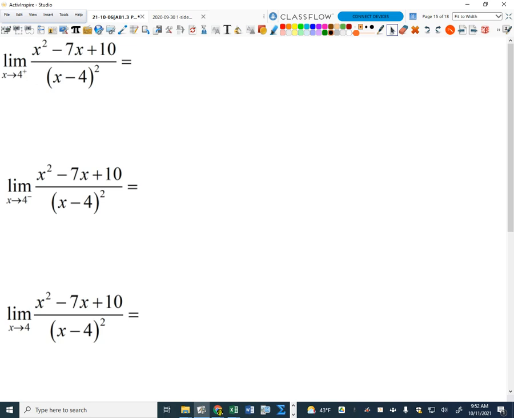If we're approaching 4 from the right, what additionally could you say about that? On the top, we're getting what? 16, negative 2, is that right? Okay.